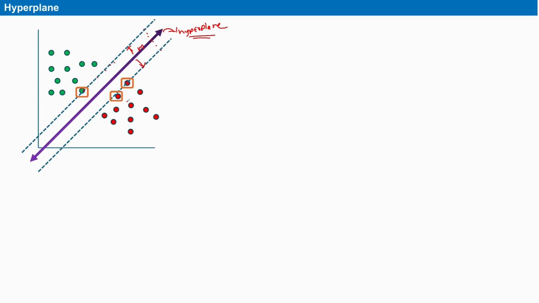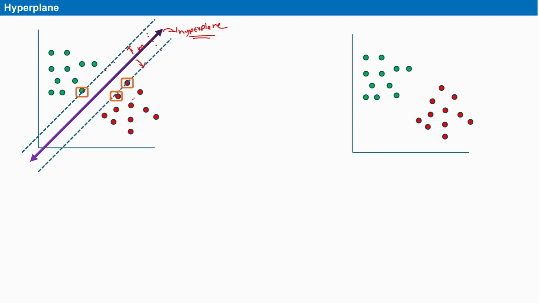Now you may have a question: suppose I have a data set like this, and I can draw the hyperplane in any possible way. For example, if I draw the hyperplane like this, that also becomes a hyperplane.